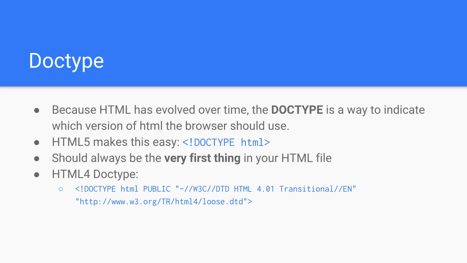Really was kind of messy. No one really enjoyed dealing with all of that, so they've really simplified it: doctype HTML. We use doctype HTML pretty much across the board at this point, so there's not really much reason to ever use an HTML4 doctype unless you really need to support older versions of IE, which at this point we really don't. So doctype HTML should always be the very first thing in your HTML file.